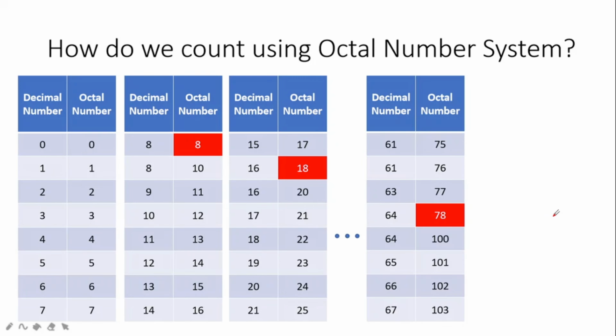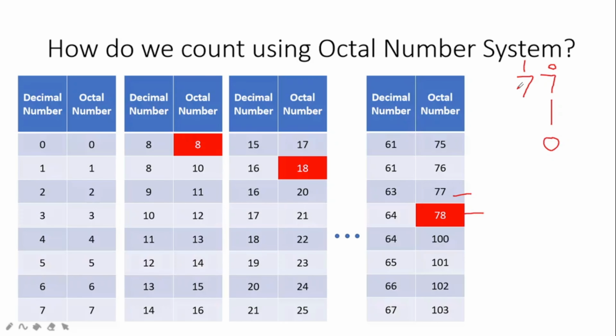Now let's find out what comes after 77. As 78 cannot be the next number in the octal number system after 77, what comes after 77? Find out first for this 7: what comes after 7? 10, right? So 0, and 1 will be carried forward because there is a number in front of this 7.